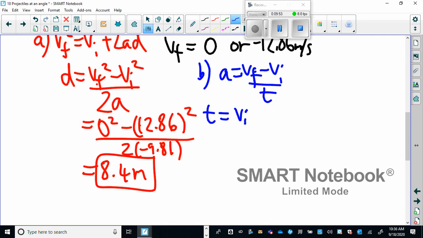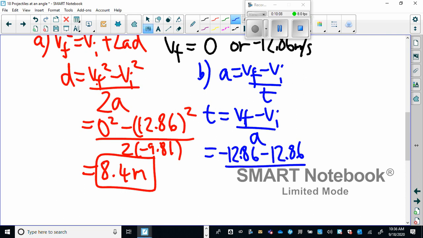So it should be VF minus VI over A. Plug in the numbers. VF is negative 12.86 minus positive 12.86 divided by negative 9.81. And note that the negatives are all going to work out because you're going to end up adding those two on the top.